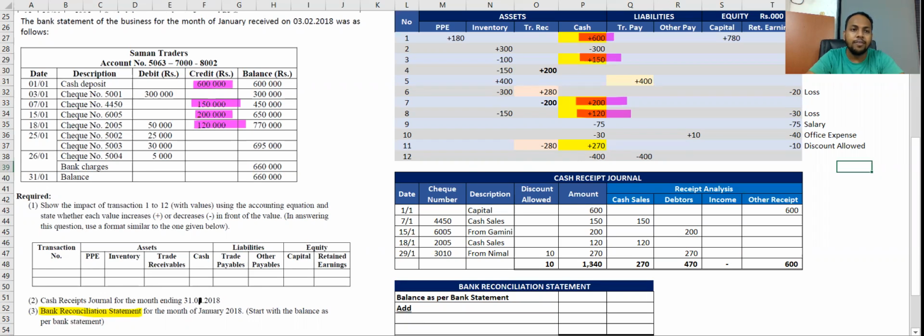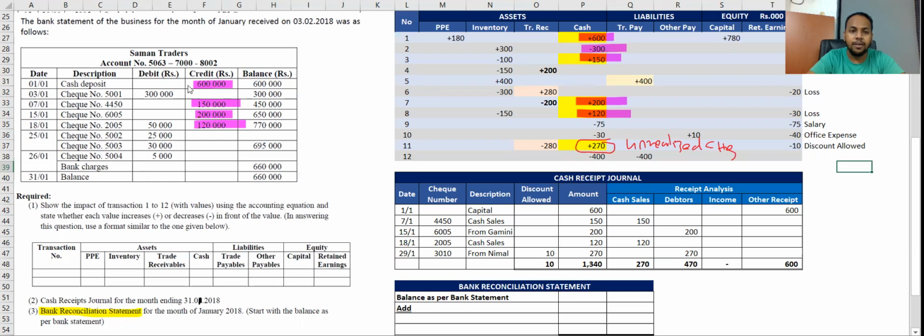But there is one transaction which is deposited but not realized. So we call it an unrealized check. There is one unrealized check. Then we have to compare the debit side of the bank statement with the payment side of the cash book.